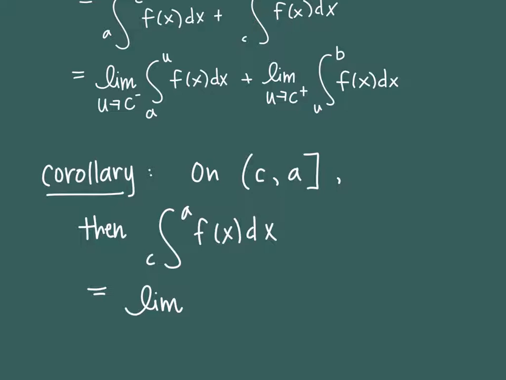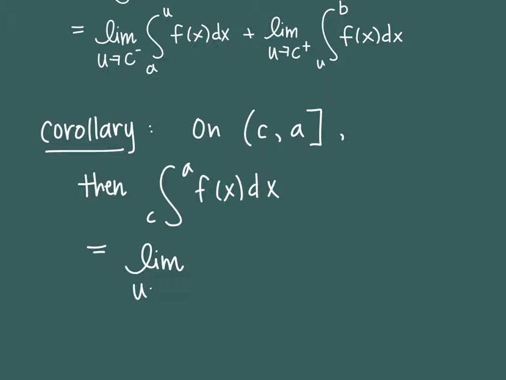And so we need to make sure that our u is approaching what side of C. What side of C do we need to make sure we stay on if we can't include C? The right side, the positive side. So that'll be C plus, and u will go from u to A of f of x dx.